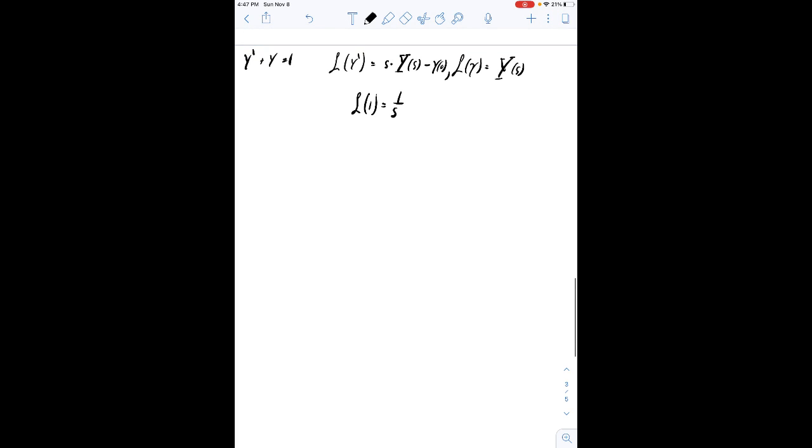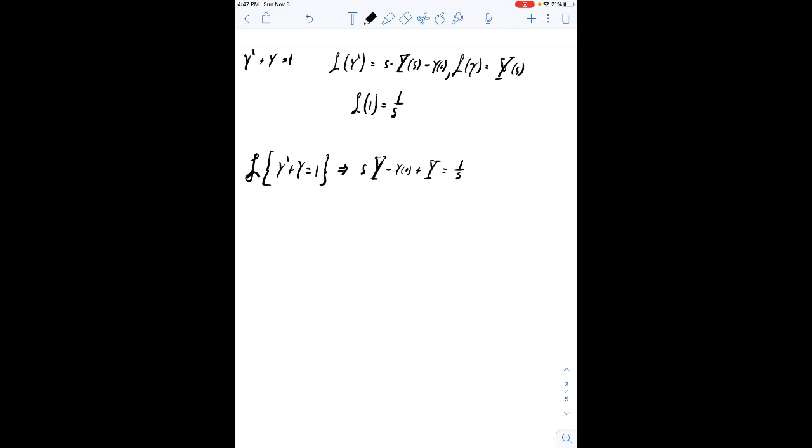Okay, so we apply a Laplace transform to our whole equation over here, so we can just think of it as applying it to each side. And we get s times Y minus y naught plus Y is just equal to 1 over s.